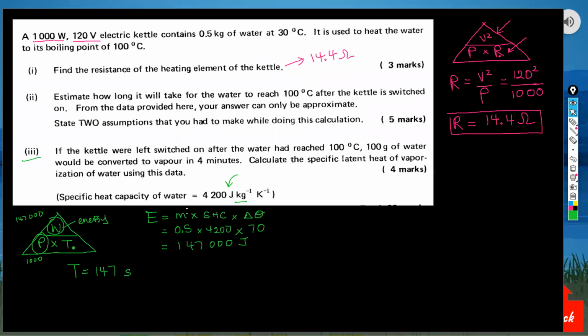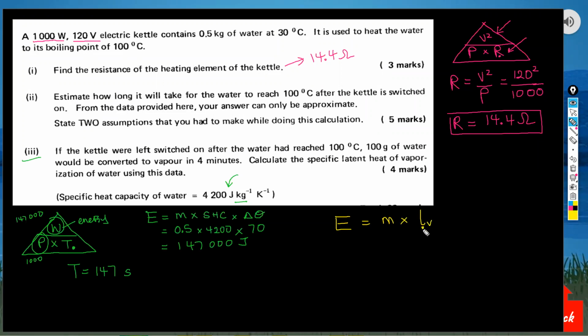Next on the list, this is latent heat. I need to think through this question. For latent heat, remember, energy is mass times the latent heat of vaporization.